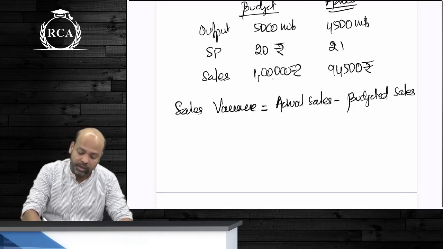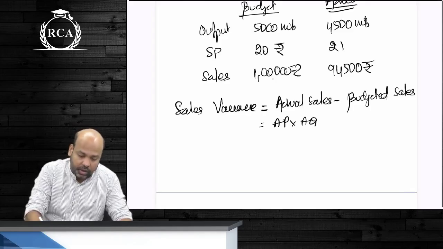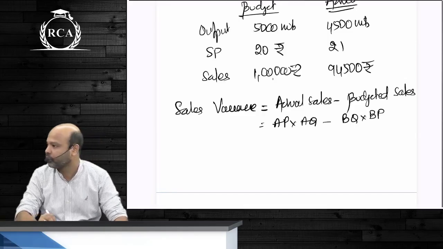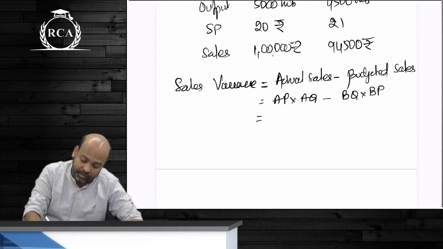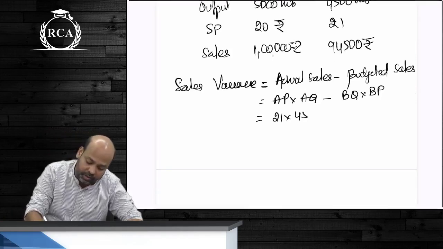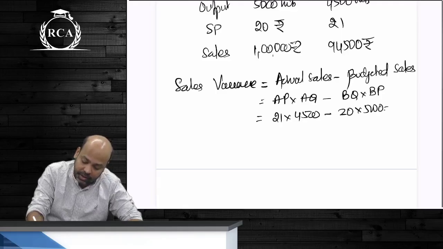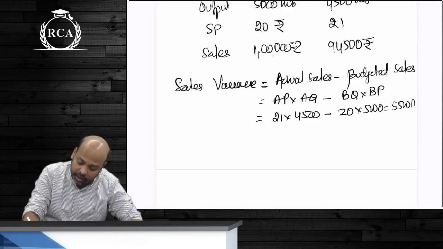Exactly, now write it the opposite way: actual price into actual quantity or output minus budgeted quantity into budgeted price. This will become my overall sales variance. In our example, this will be 21 multiplied by 4,500 minus 20 multiplied by 5,000. You will get 5,500 adverse.